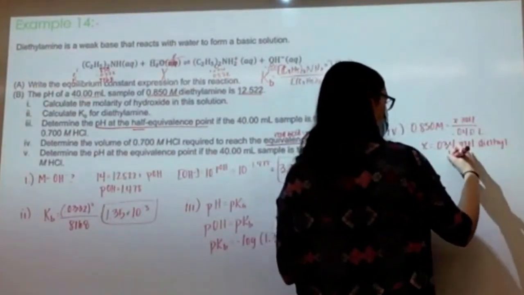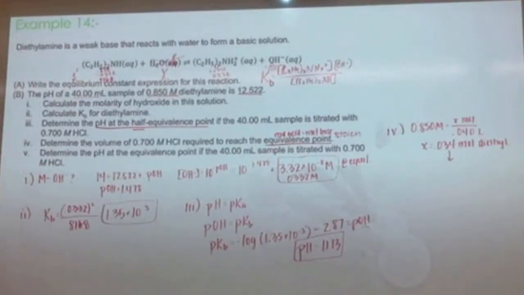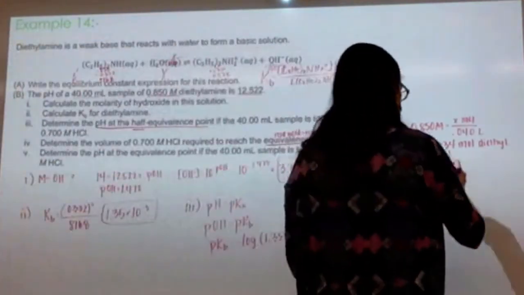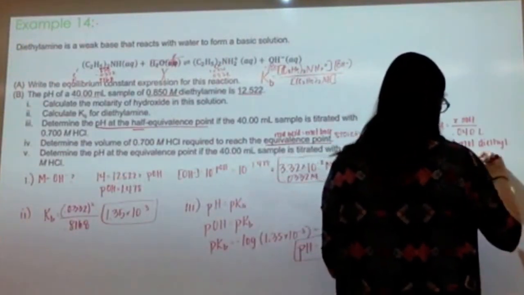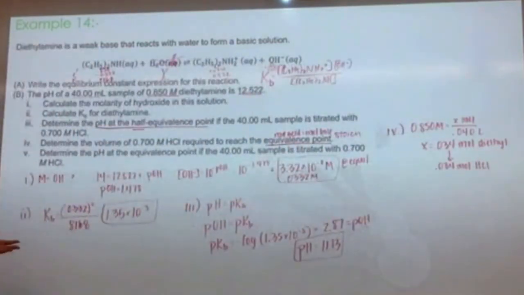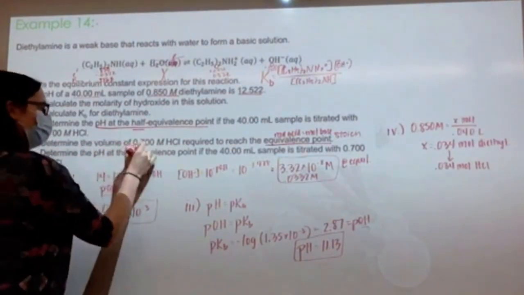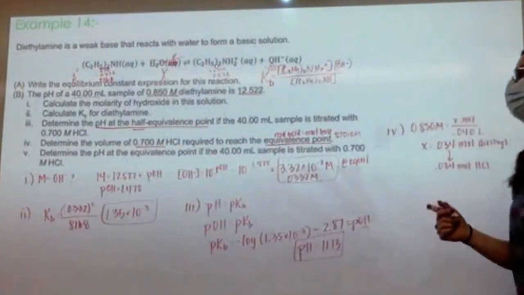We know that it's a 1-to-1 ratio. If we wrote out this equation, we would find that it's a 1-to-1 ratio, which is why this is also equal to moles of HCl. Now we know the concentration of HCl. We know the moles of HCl. We can find the volume.